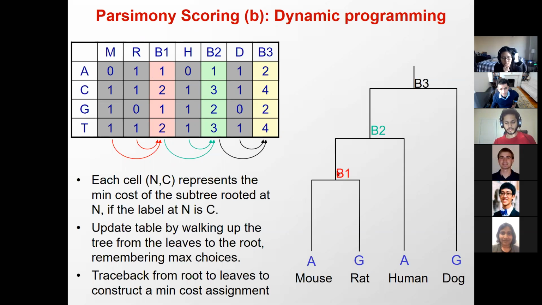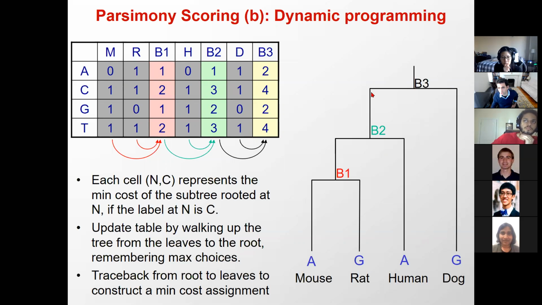So the same thing I can do, just continuing to walk up the tree. I now have propagated the scores for every setting of that B1 variable to A, C, G, or T. And then I can say, well, given that A has this cost structure, what is the cost structure for B2? And that's a cost of 1 if it's an A, a cost of 2 if it's a G, and then a cost of 3 for any other setting.